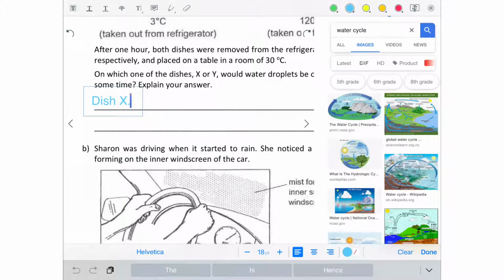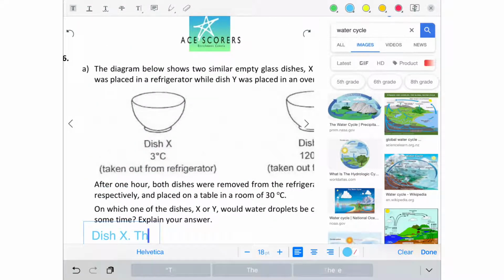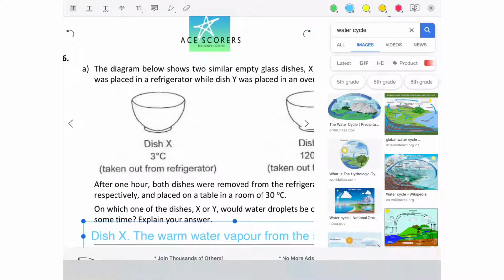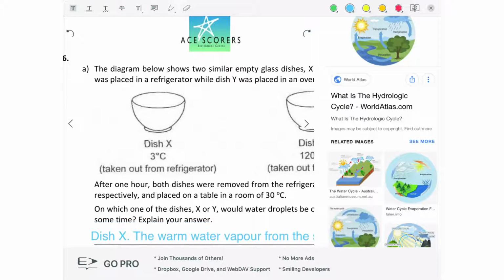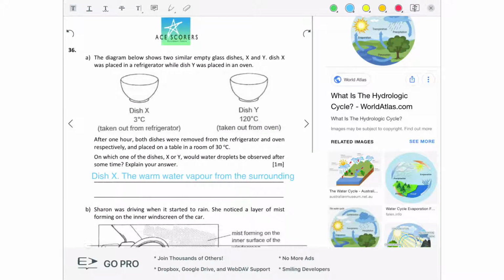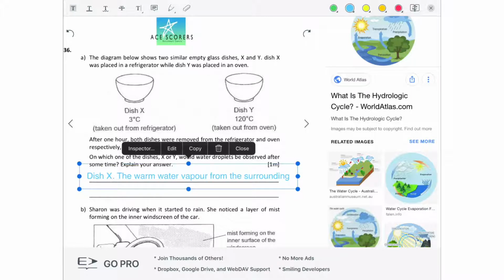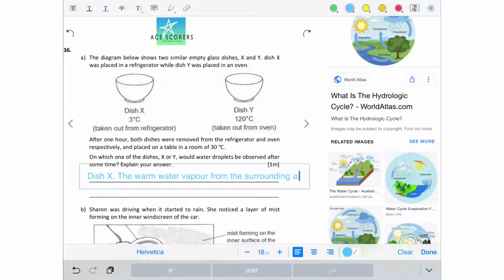Because the warm water vapor from the surrounding air would come into contact with the cooler surface of the dish.